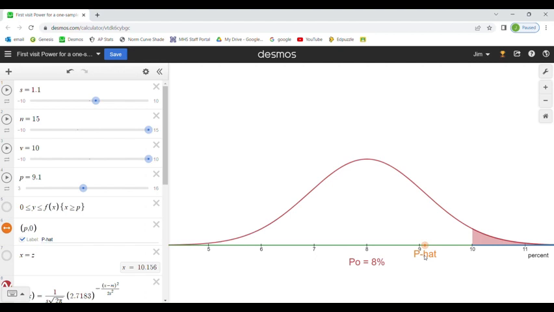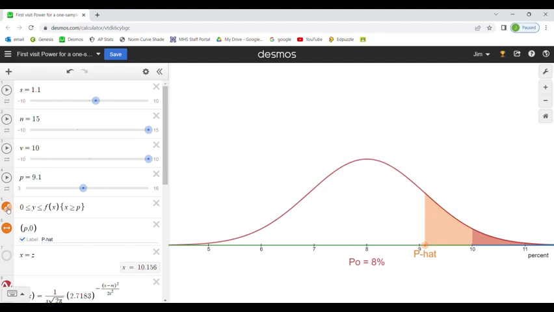But we want to look at and say, well, okay, how likely is it that we would get a blemish rate of just over 9% in our sample when the true blemish rate is only 8%? And that is that shaded region to the right of our statistic, our p hat of just over 9% blemishes.